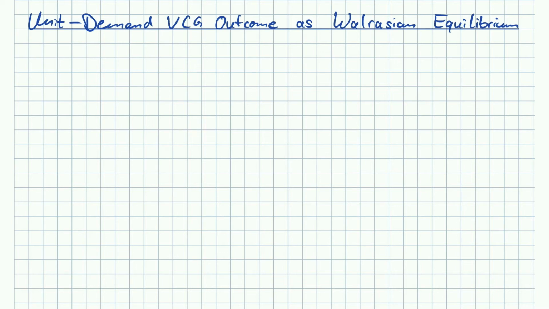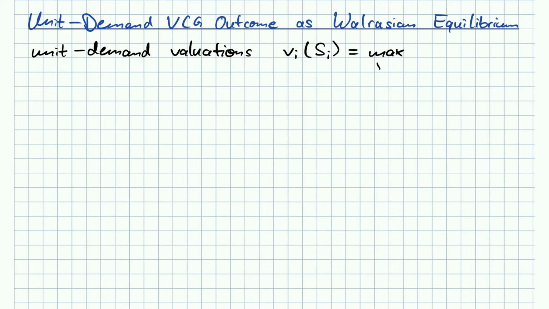So we'll have unit demand valuations, which means that V_i of S_i will be equal to the maximum over all j in S_i of V_{i,j}. And how did VCG work?